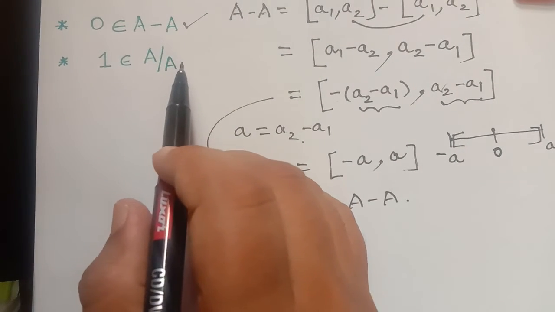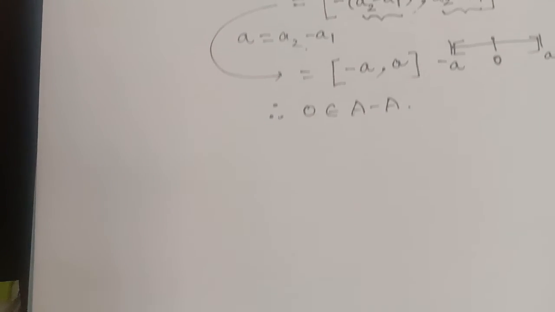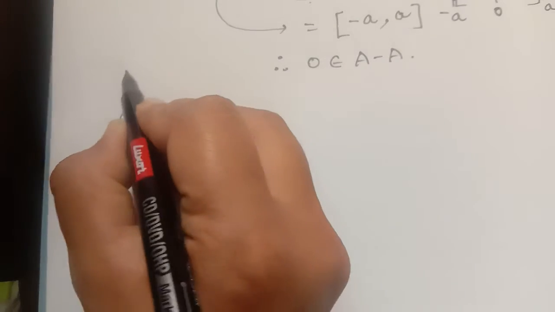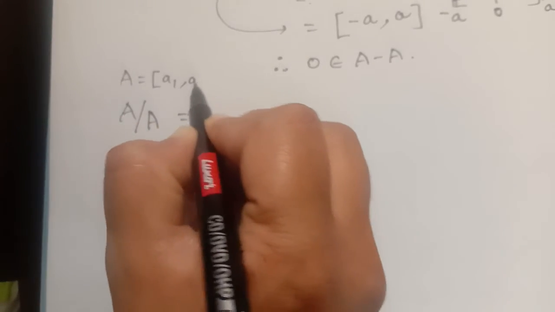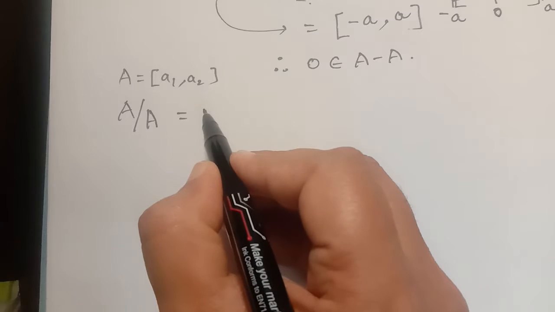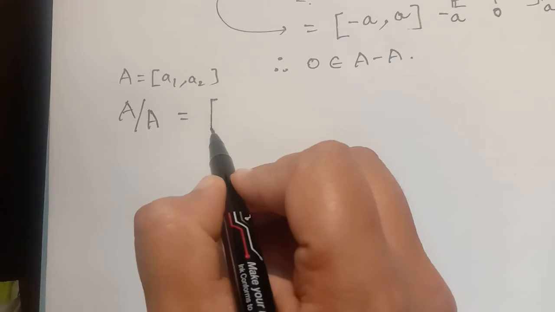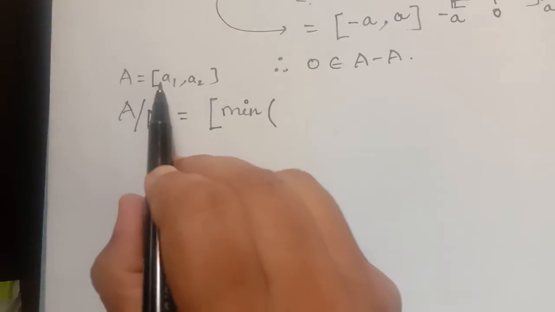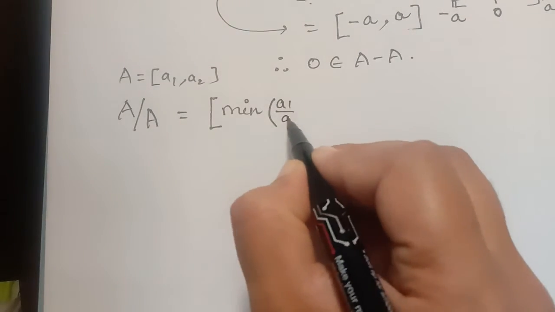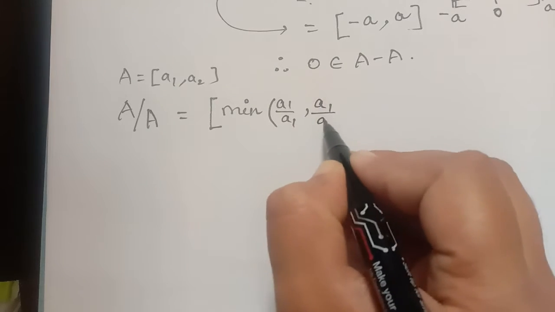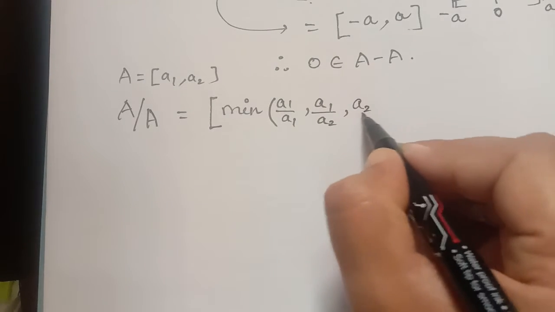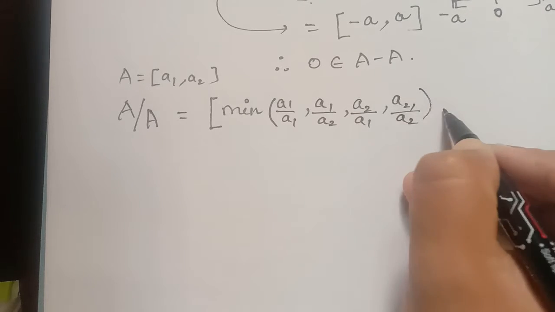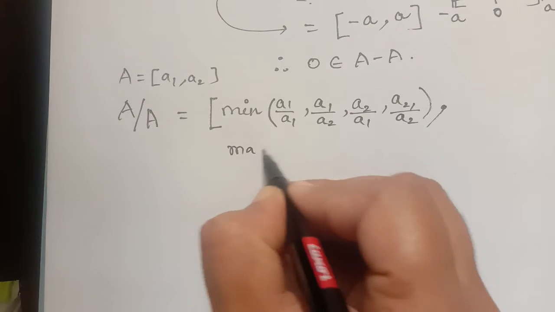To prove this, we shall consider A divided by A. We know that A is the interval [a1, a2]. Now A divided by A, as per the definition, will be equal to the minimum of a1 by a1, a1 by a2, a2 by a1, a2 by a2, comma, maximum of the same values.